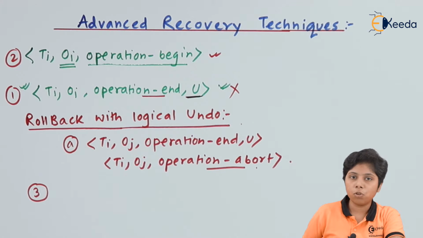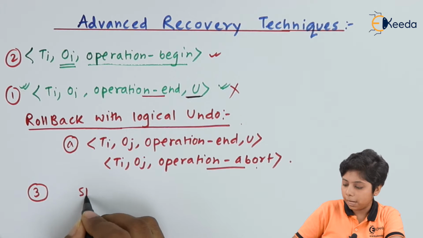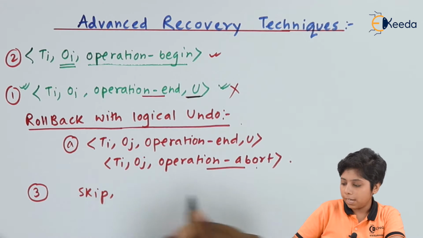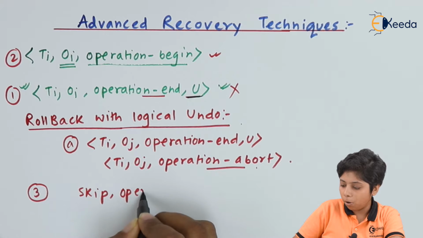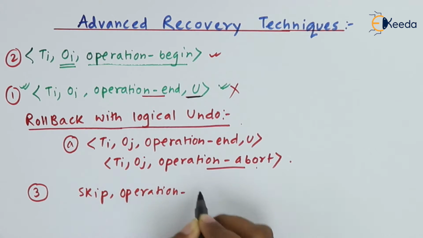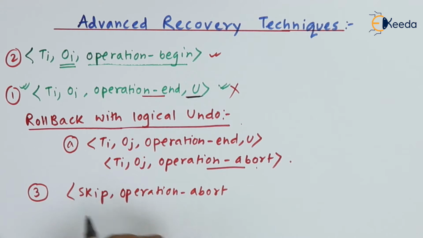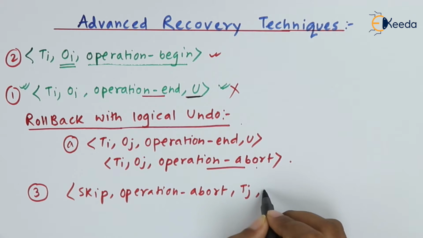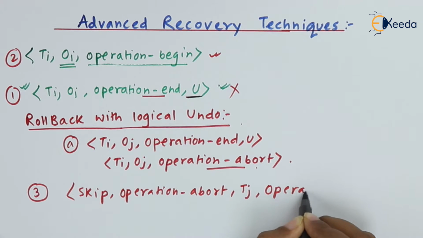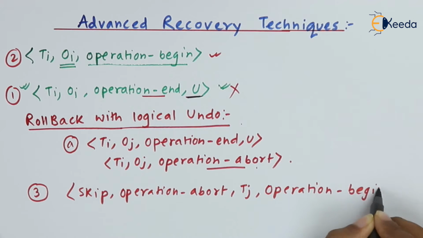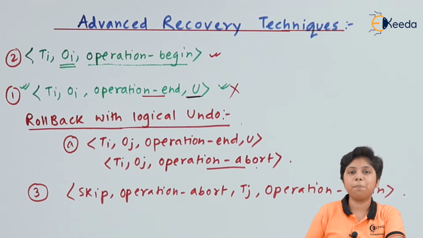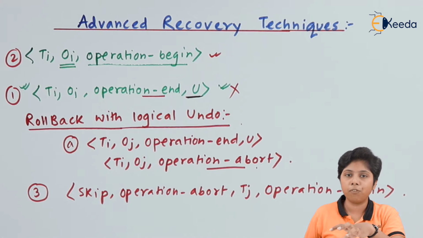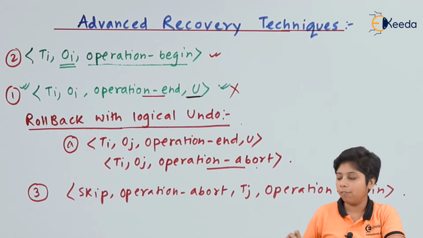So what we will do is skip all the steps until we reach the operation abort, till we have the next Tj, which is for the operation begin. So we will skip the steps of the transaction that performed the abort, we will not process that transaction anymore, and we will go to the next operation begin.